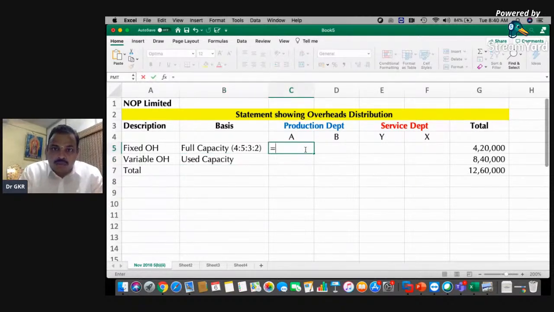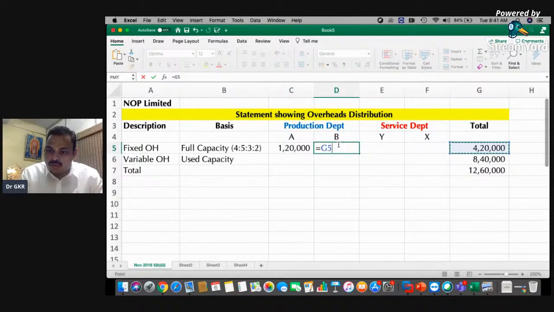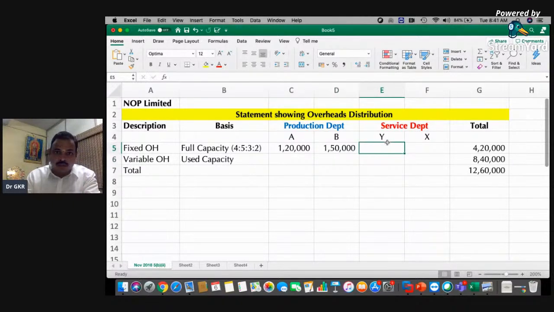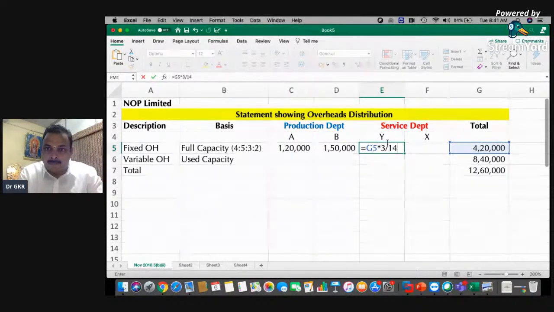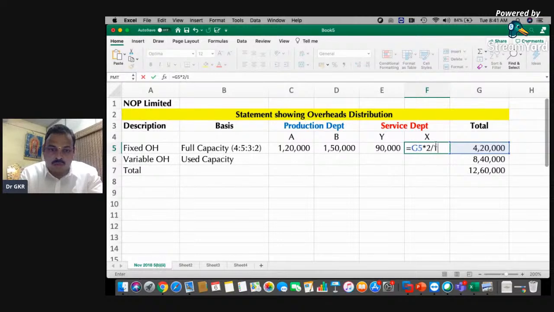So I will take 4,20,000 into 4/14. Similarly, 4,20,000 into 5/14, so that is 1,20,000, 1,50,000. Similarly, 4,20,000 into 3/14, and 4,20,000 into 2/14.